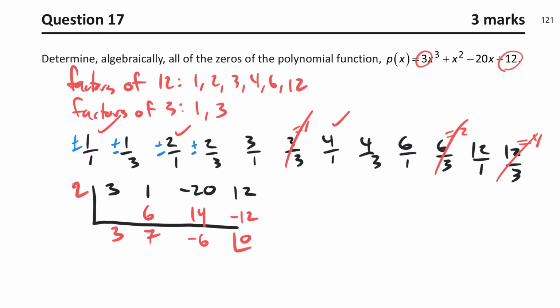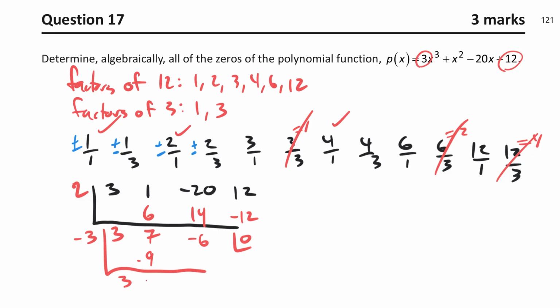We have 3 and 7 and -6. And I'm just going to keep on trying with this. So I'm going to try maybe the 3. So we get 3. It's going to be 9. 16. Oh, that's going to be too big. Maybe let's try -3. So that's going to be -9.